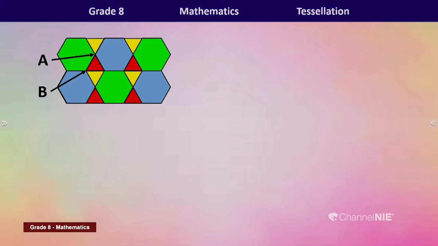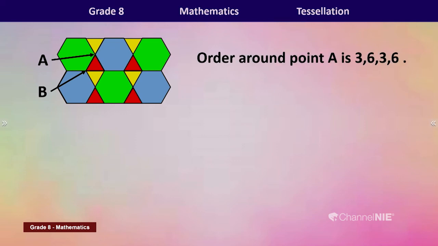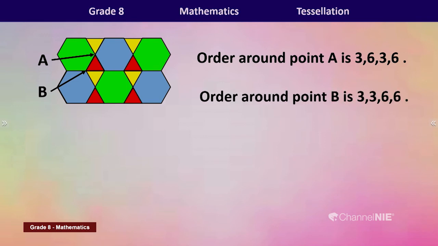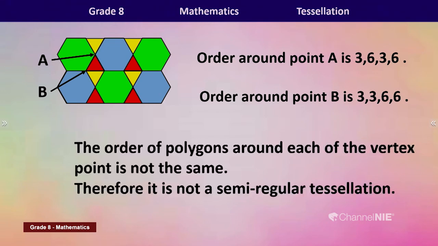We have marked 2 points there, point A and point B. Around point A, the order is 3, 6, 3, 6. Around point B, the order of polygons is 3, 3, 6, 6. Therefore, we can say the order is different at the 2 vertex points. So, this cannot be considered a semi-regular tessellation.